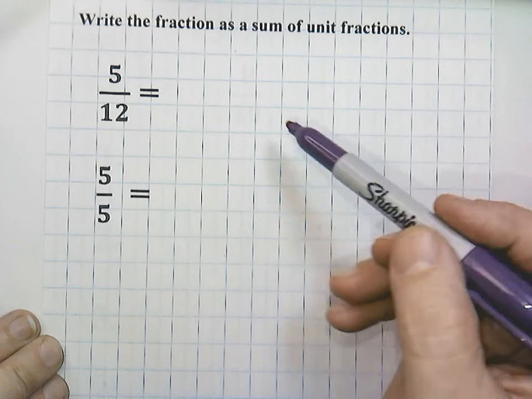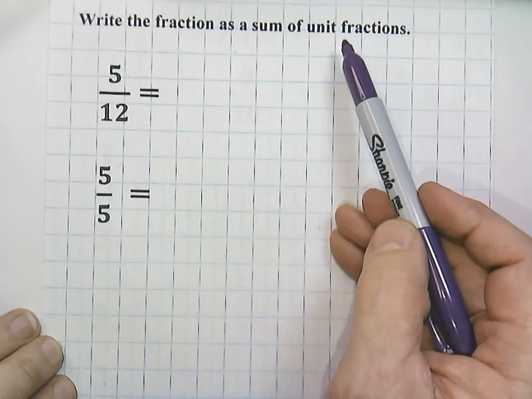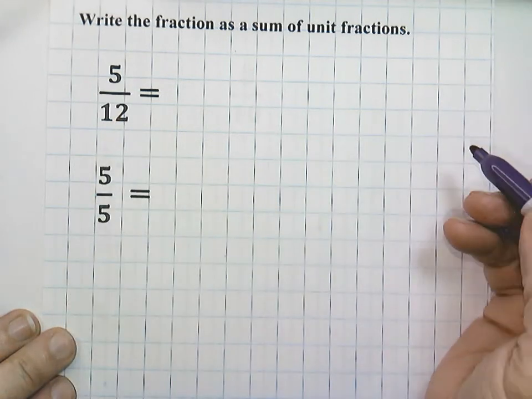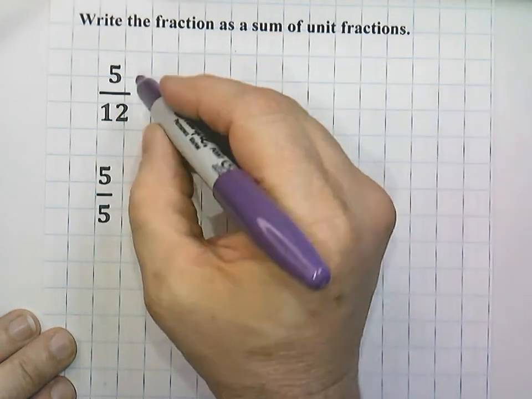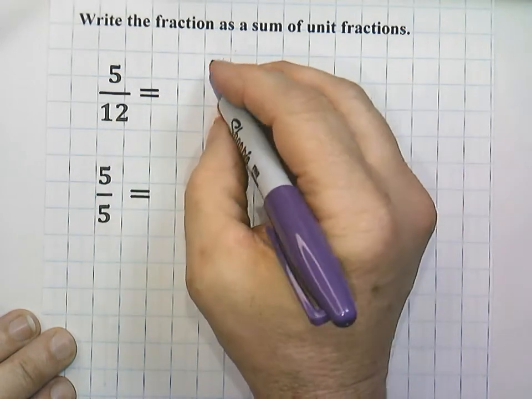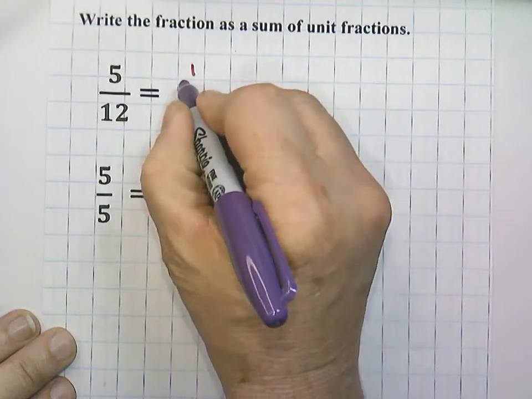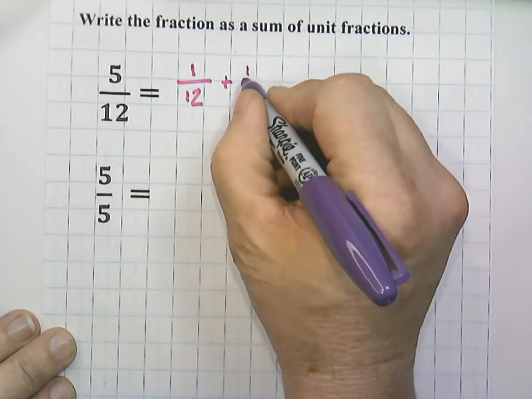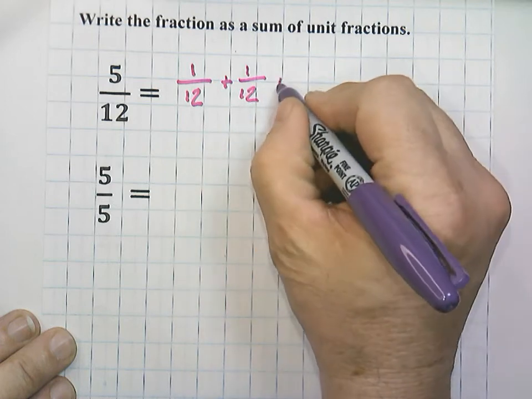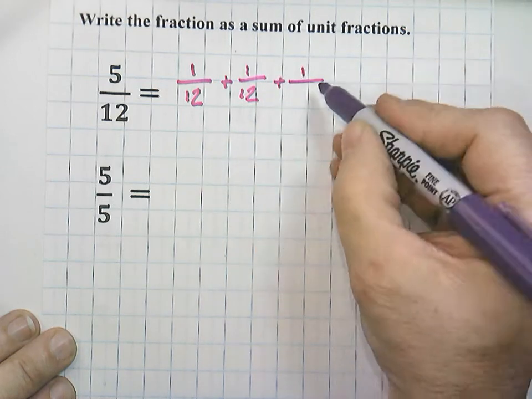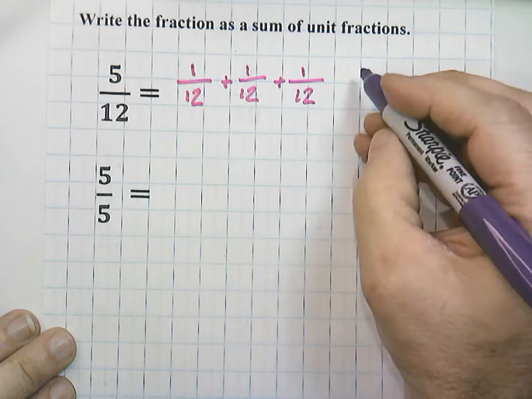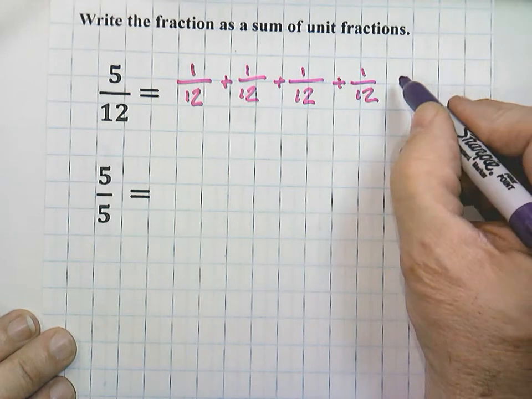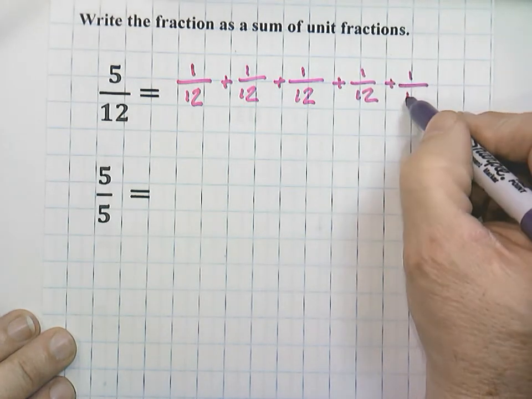This example does not have models. Write the fraction as a sum of unit fractions. 5/12. Well, remember, our unit fractions have to have 1, so we're going to say that 5/12 would be equal to 1/12, I'm going to do it 5 times, plus 1/12 plus 1/12 plus 1/12, and I think one more time, plus 1/12.